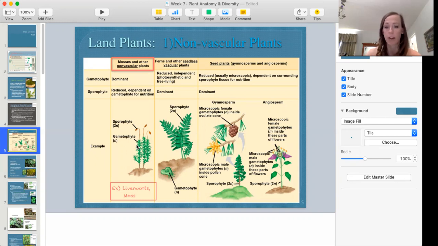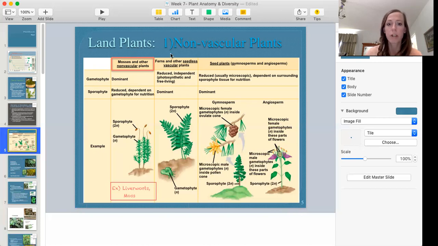That's the haploid generation of the moss. And then it will give rise to and support the sporophyte generation in mosses. So you'll see here this structure growing up out of the female gametophyte is our sporophyte. It's diploid. So in this category of plants, the sporophyte is dependent on the gametophyte. Okay, it cannot survive without it.